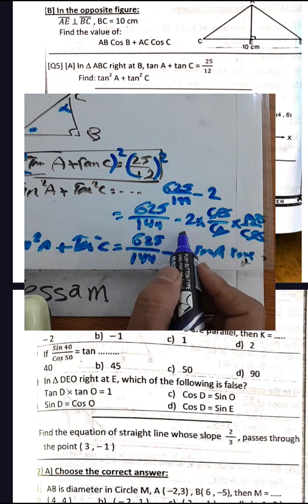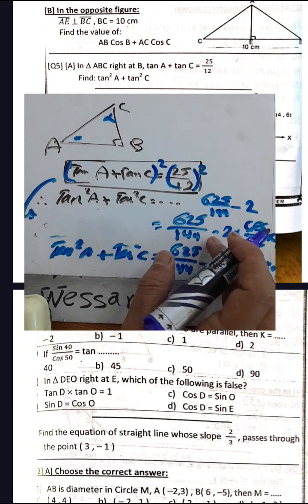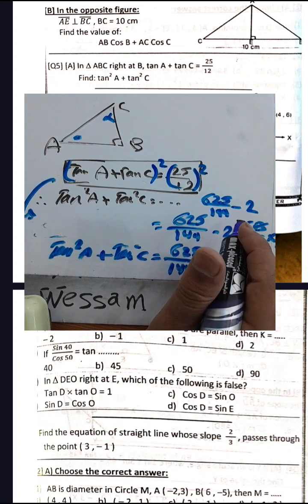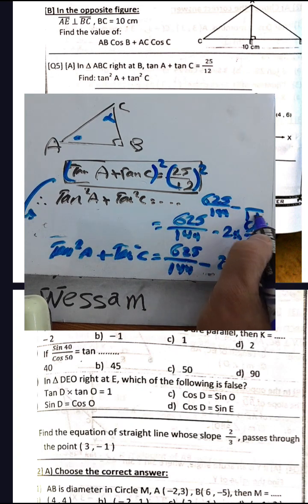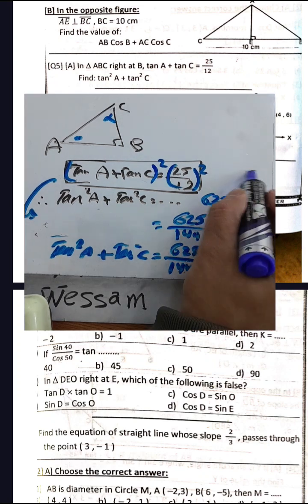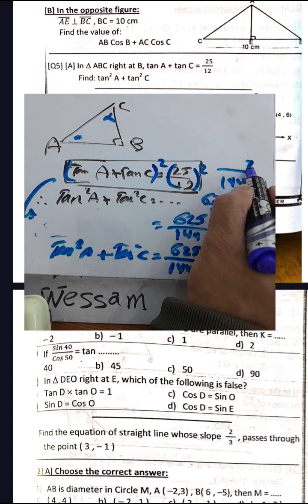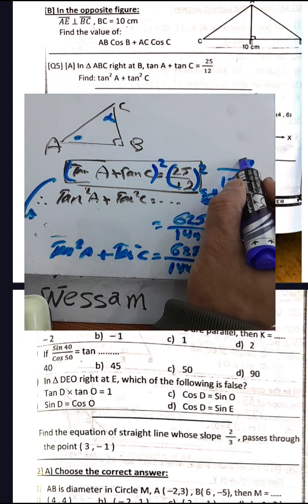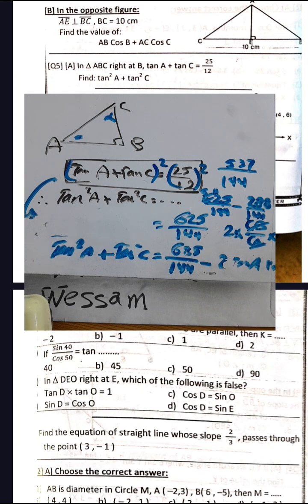Then we can find the difference, because 1 times 2 equals 2. The difference between 625 over 144 and 2: write 144 times 2 is 288, and then 625 minus 288. 15 minus 8 is 7, 1 minus 8 borrowing gives 5, and 5 minus 2 gives 3. The result will be 337 over 144.